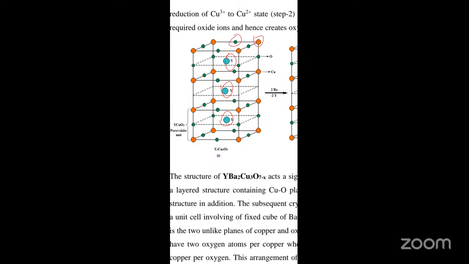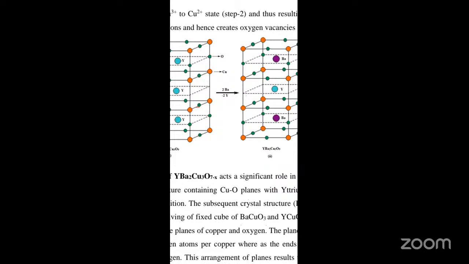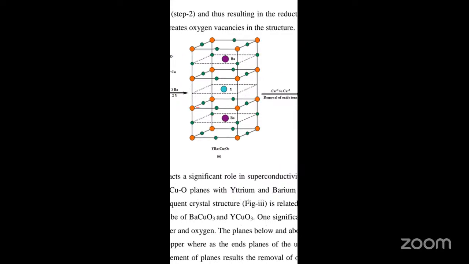With the help of this formula, after connecting, there are three yttriums. The middle one stays as it is, and the above yttrium and below yttrium can be replaced by barium. Just see here, we have to observe the difference.